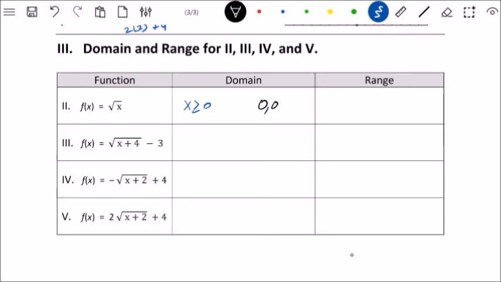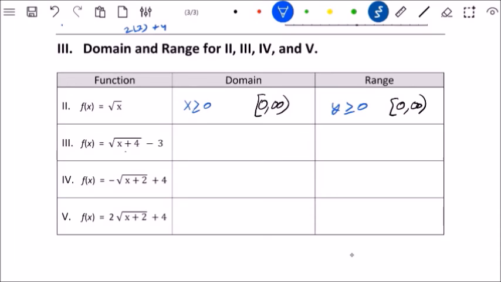Black is from 0 to infinity, including 0. For the range, it's all the y's that are greater than or equal to 0, so it would be exactly the same, from 0 to infinity.